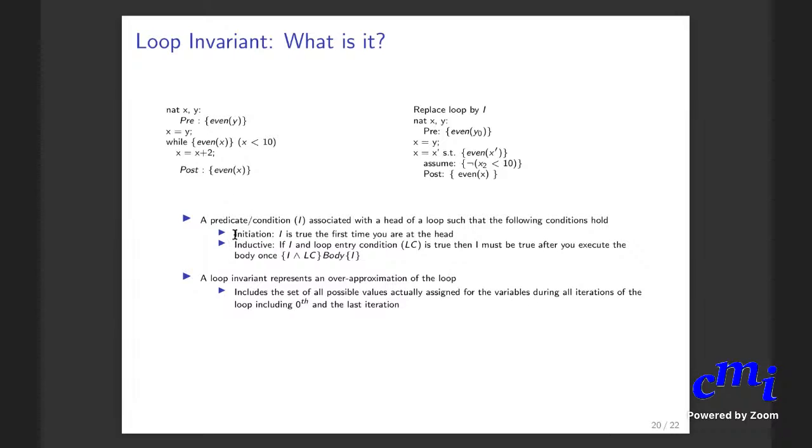Of course, there is the additional responsibility of checking that the predicate you have proposed as a loop invariant is indeed a loop invariant, for which you will have to do these two checks of initiation and inductiveness. And then once it is a legitimate loop invariant, you can use it to prove your post property. So that is the idea. Does that answer your question as to why it is an over approximation?